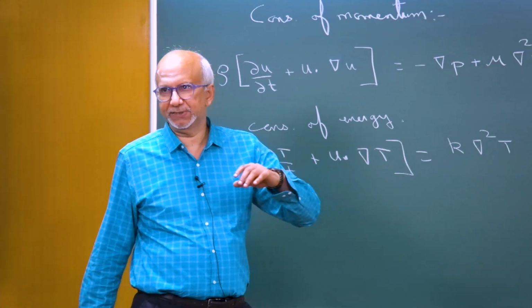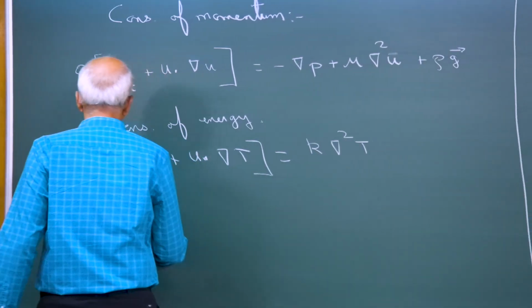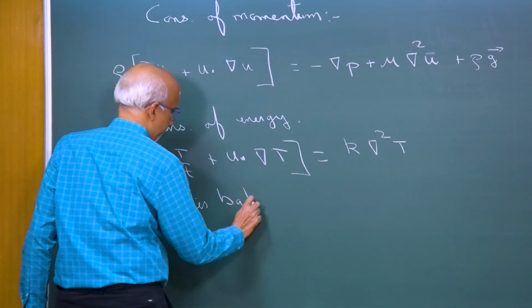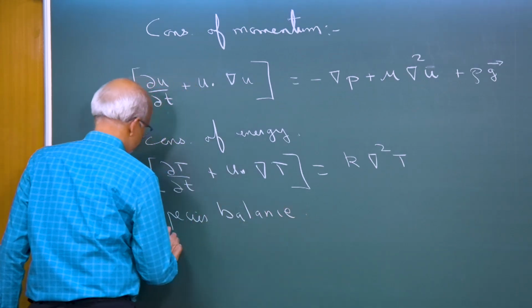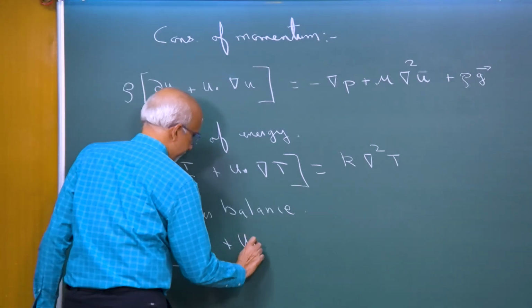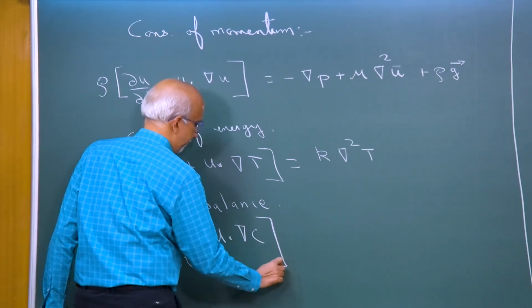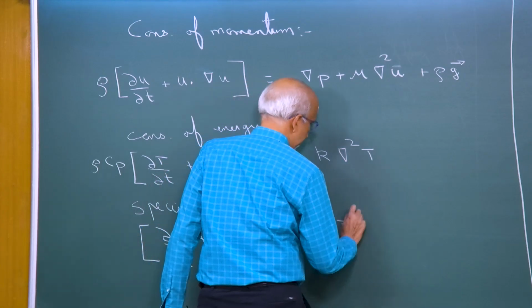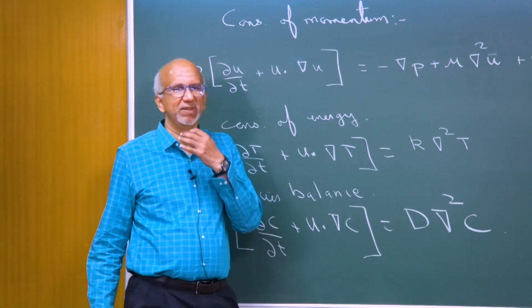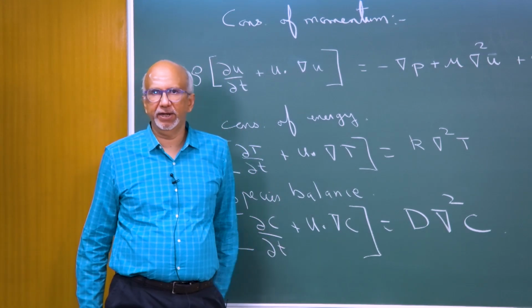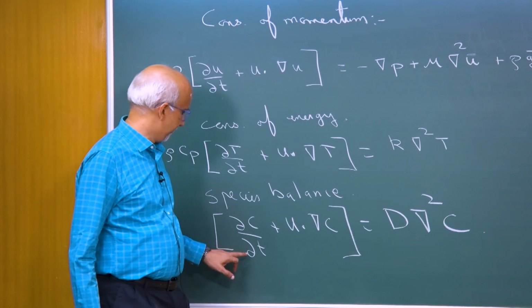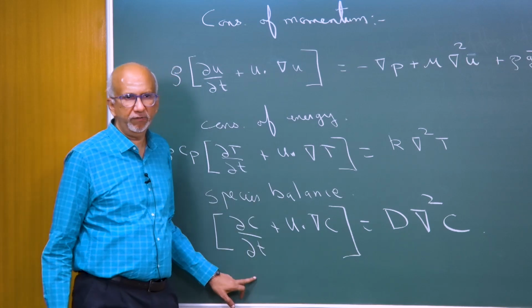And if you look at a species balance, you will write dC by dt plus u dot gradient of C equals D del squared C, okay.